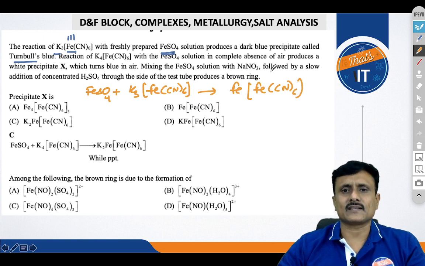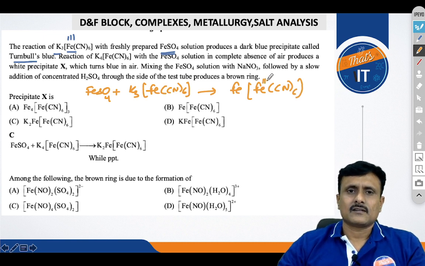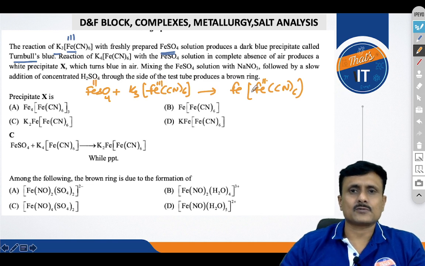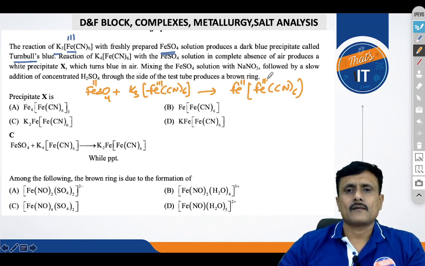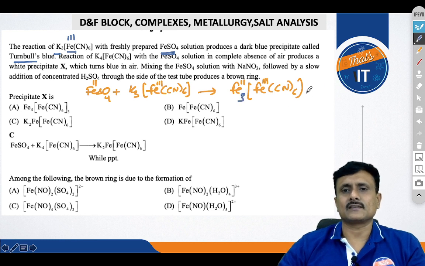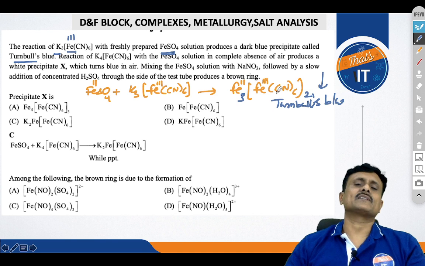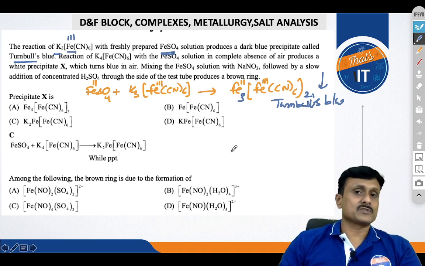However, you have to ensure that inside it is 3. Because you can see inside the oxidation number is 3, outside it is 2. This is very important. So you have to balance, right? Here 3 and here 2. So this is actually Turnbull's blue.